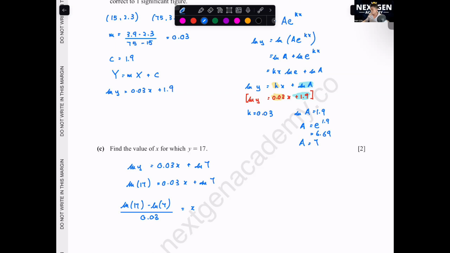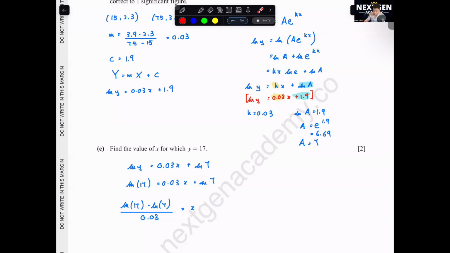Oops, wait, how come my value is so different? Let me just double check here. ln 17. I think to be more accurate, because the ln value here is very sensitive. By the way, the mark scheme I have right now is not the official mark scheme, so the values I send to y'all later might not be so accurate.